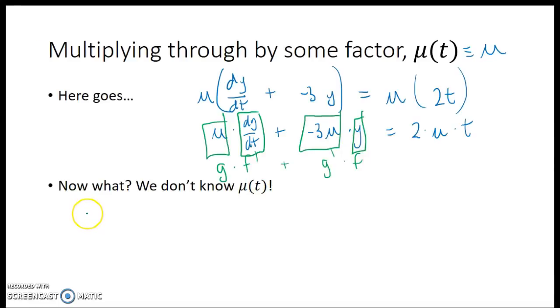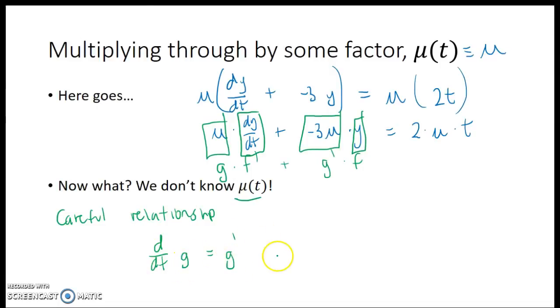But the question is, what do we do with this? We don't know what mu of t is. However, there's a careful relationship here to notice. We do know that if I take the derivative of g, I should get g prime. Well, that translates over into, we've identified g as being mu, and I've identified g prime as being negative 3 mu.